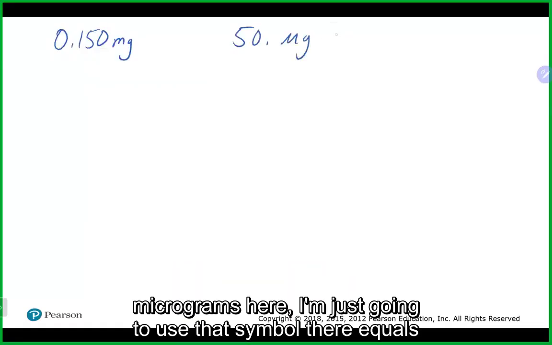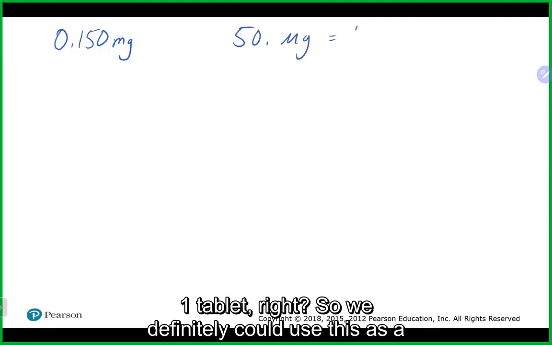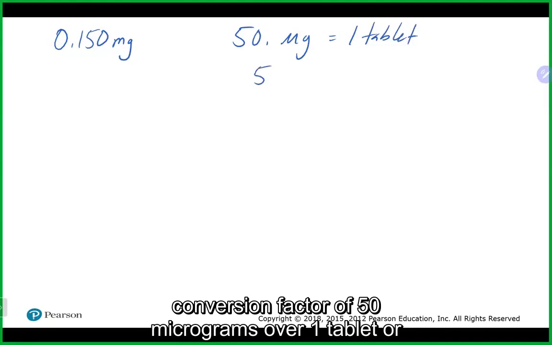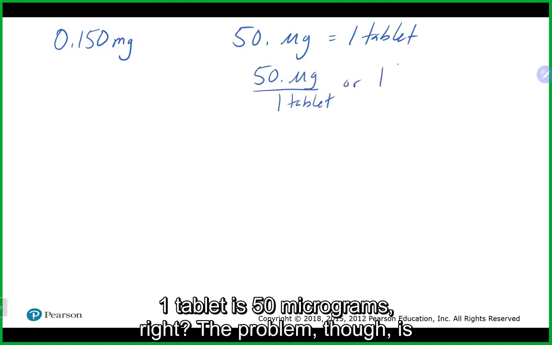I'm just going to use that symbol there. Equals 1 tablet, right? So we definitely could use this as a conversion factor of 50 micrograms over 1 tablet, or 1 tablet is 50 micrograms, right?